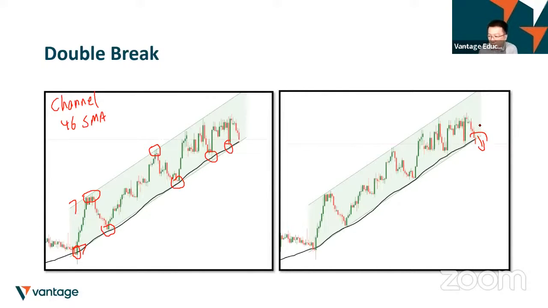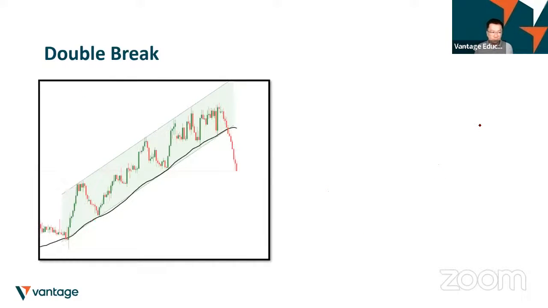As I've been telling you, if the candlesticks break, in this case a double break, it breaks two trend indicators, the channel and the 46 SMA, it usually leads to a strong move towards the downside.